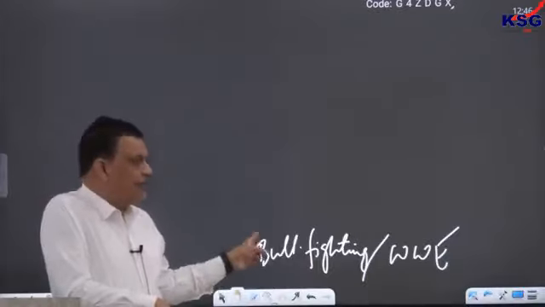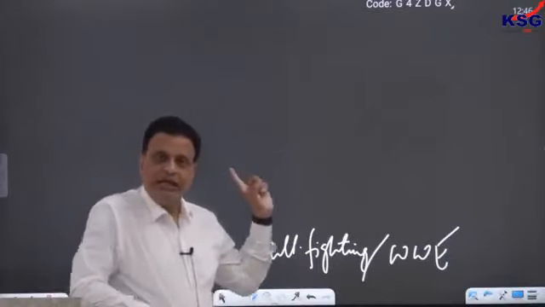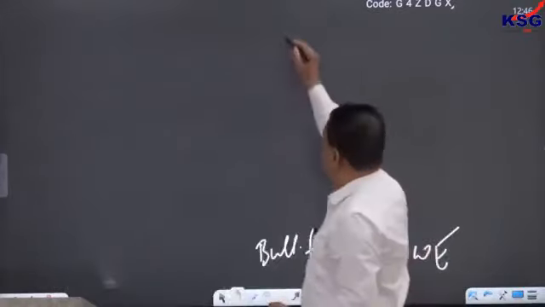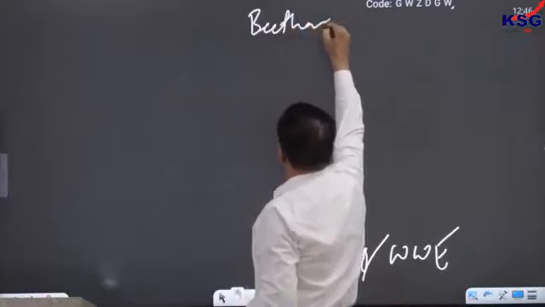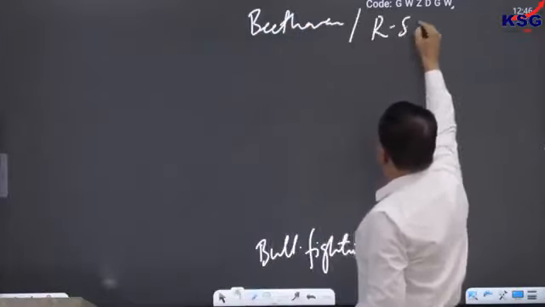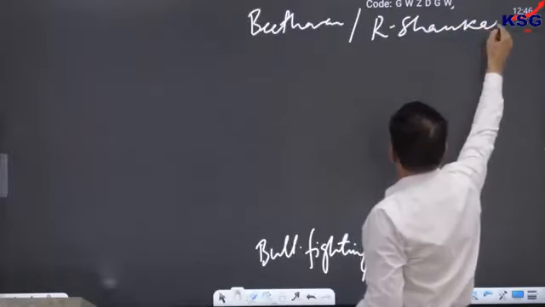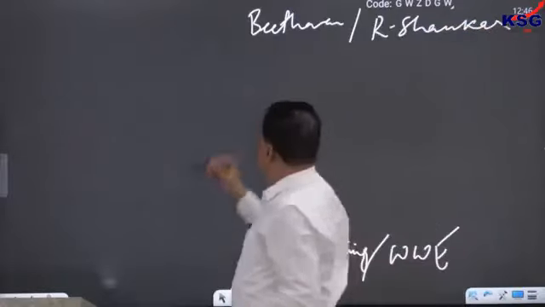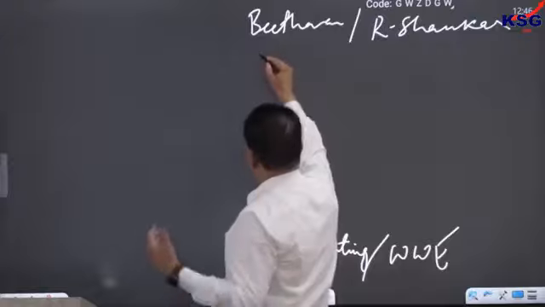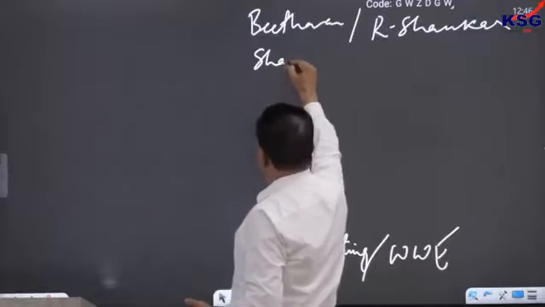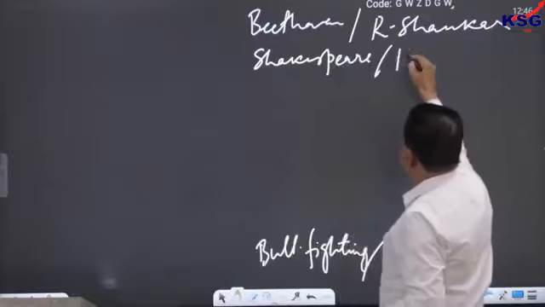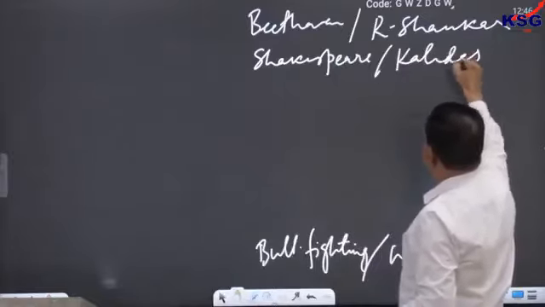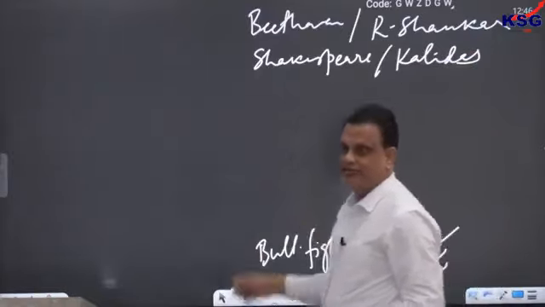So people get happiness in that also, and people get happiness even in things like listening to the music of Beethoven or Ravi Shankar, Ustad Bismillah Khan, or reading the literature of Shakespeare or Kalidas, whatever you can say. So people get happiness in that also.